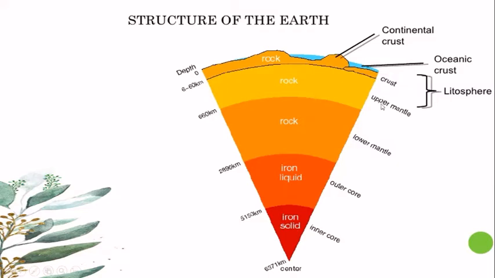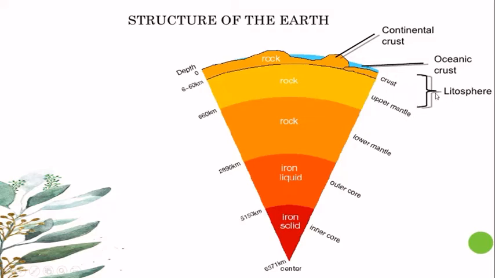Then the next layer is the mantle. This mantle layer is also divided into 2 parts, the upper mantle and the lower mantle. Both are rocky layers. The middle layer of the earth is called the mantle zone, and the upper part forms part of the lithosphere.